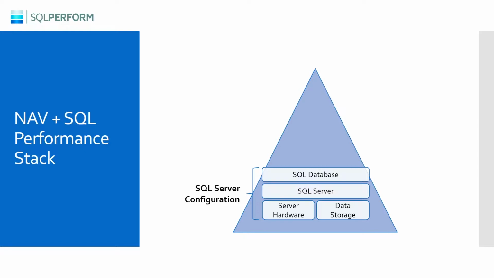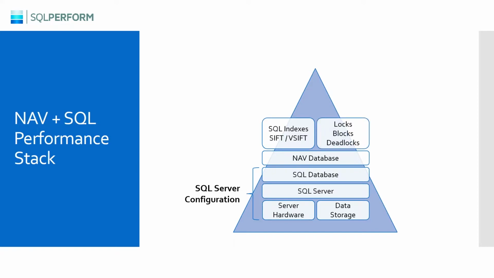As I work up the pyramid towards the end user, within SQL Server, we also have the NAV database itself. Within that, we also have indexes, SIFT, and other components that are very specific to NAV that make it work well. All right, but they're all part of components that live inside the SQL Server NAV database. And as part of this, what we'll see potentially is locks, blocks, and deadlocks. So we'll talk about that in just a moment as well.